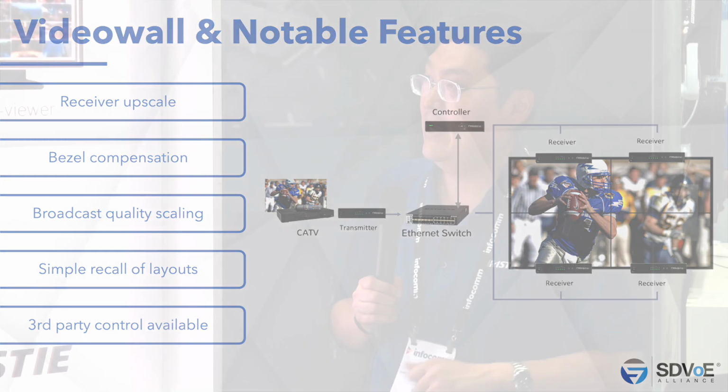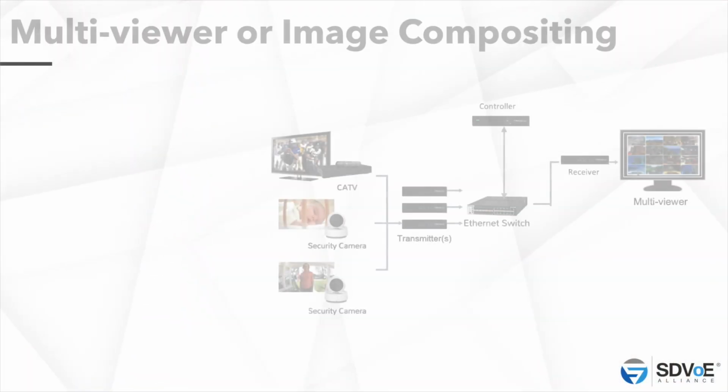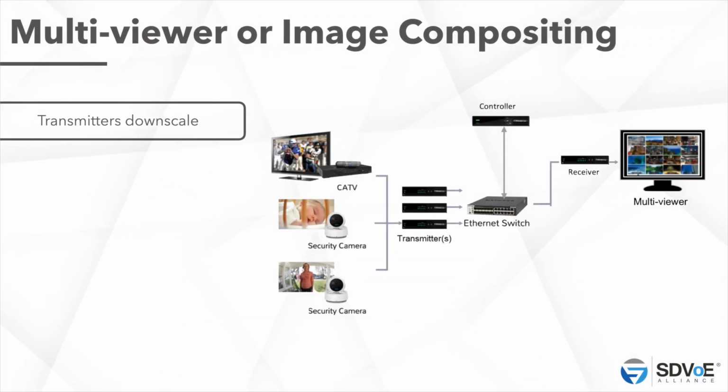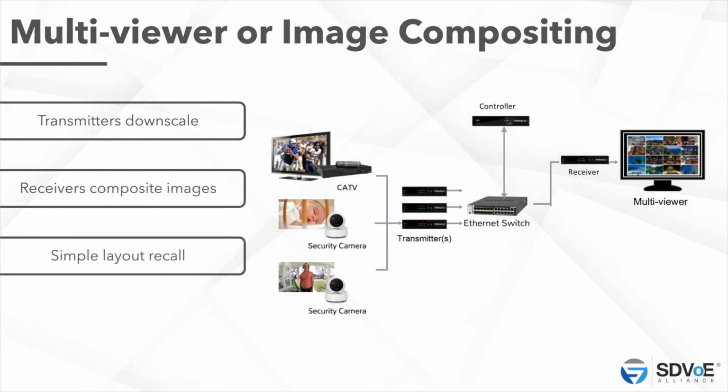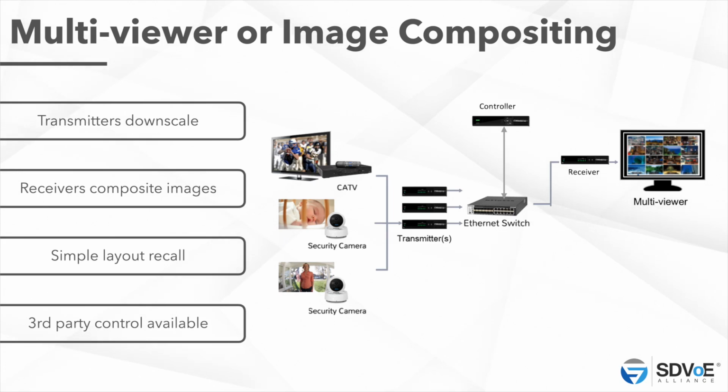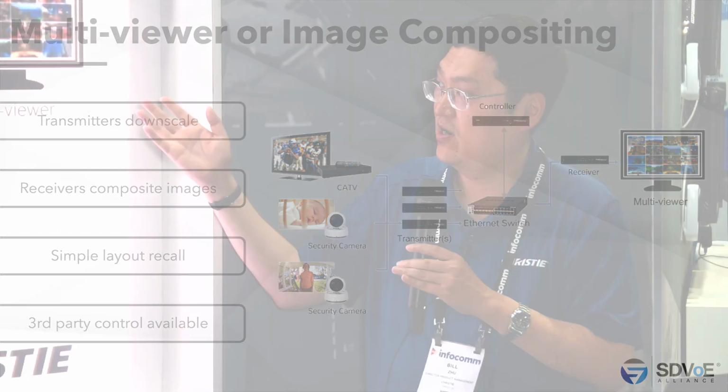We also support a multi-window mode, where the transmitter downscales and the receiver combines the images. So we can do 2x2, 3x3, 4x4 and up. That's useful for multi-viewing or video wall applications.